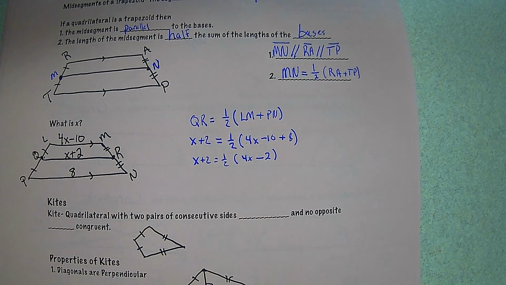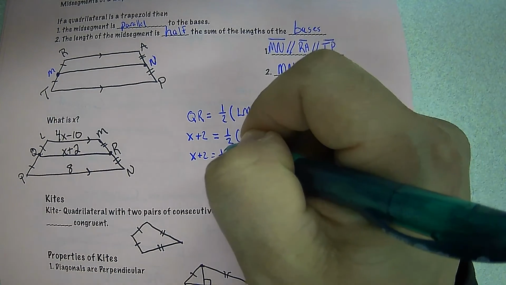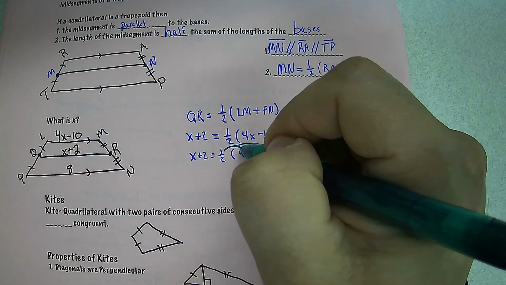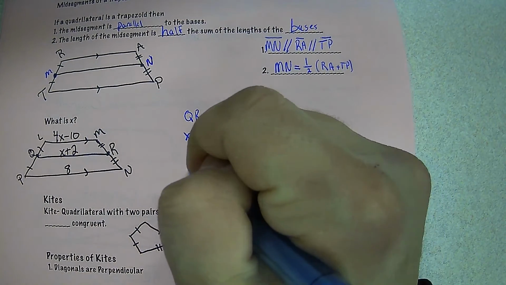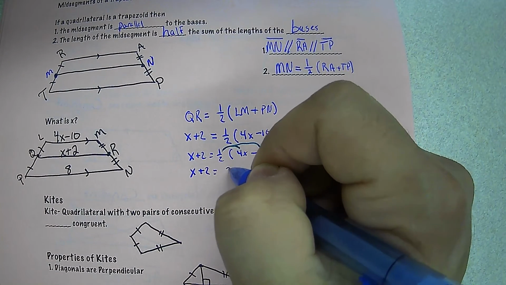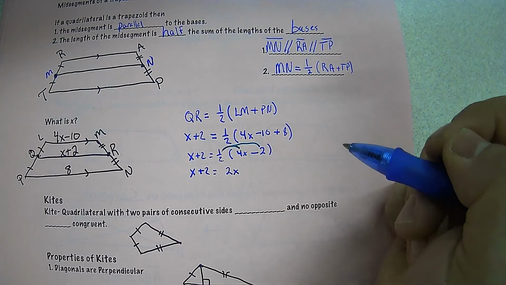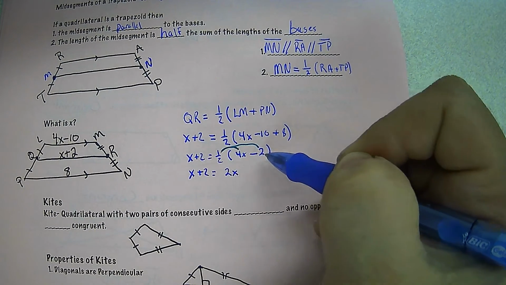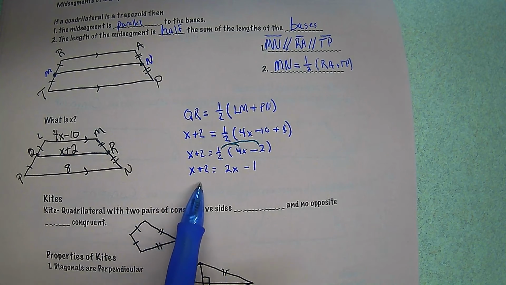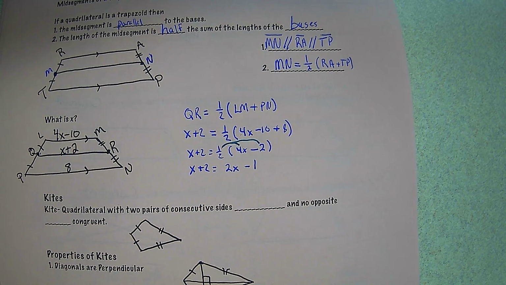Now we're going to distribute this 1/2 through that parentheses, which leaves us with x plus 2 equals 1/2 times 4 is 2, our x. 1/2 times a negative 2 is a negative 1. So now we have x plus 2 equals 2x minus 1.